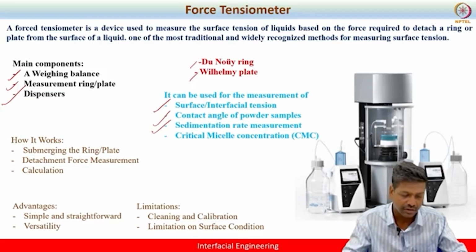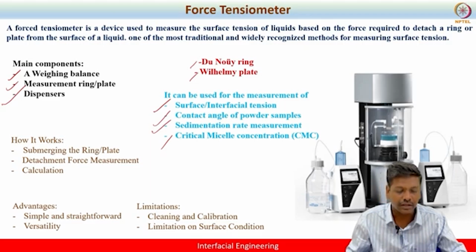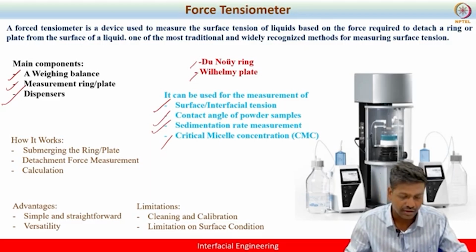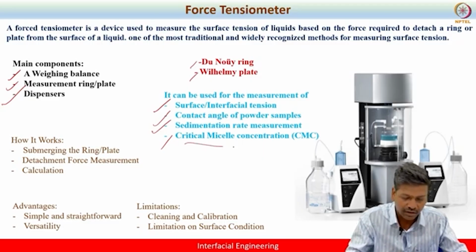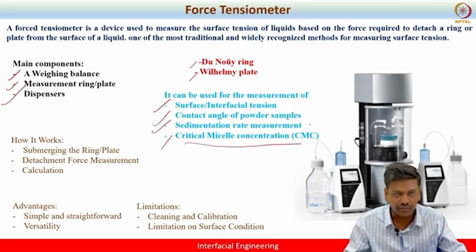And last but not least, the critical micelle concentration of any given surfactant can be determined using the force tensiometer. This aspect we will be covering in more detail in module 3, right?